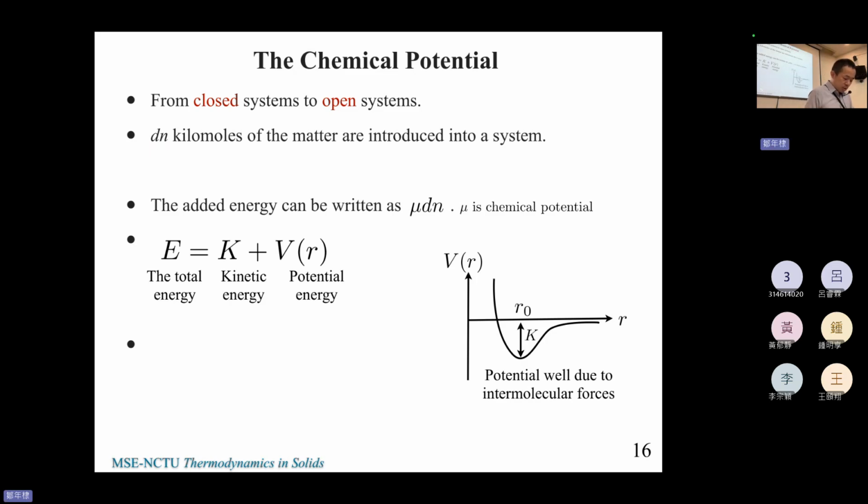dn kilomoles, of course, the change of the mole, the change of the mass of matter, is introduced into the system. So you see that it comes with its own internal energy.